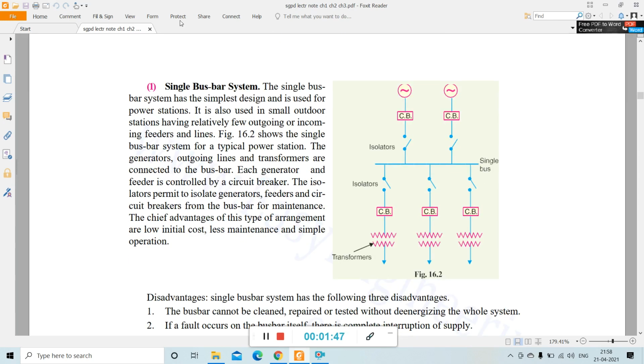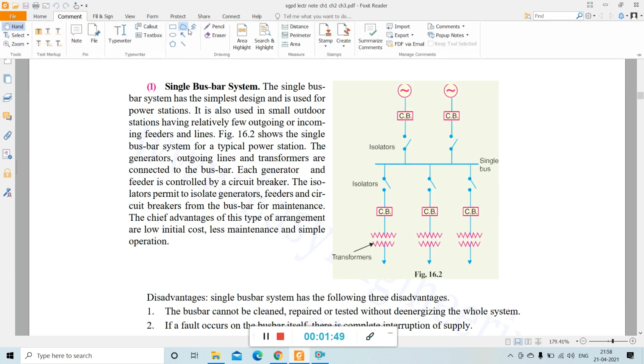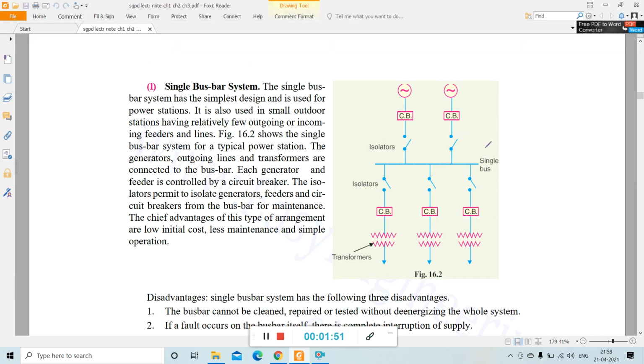Okay, so come to the arrangements. This is the single bus bar system arrangement. In single bus bar system arrangement, there is one single bus, maintained at a constant voltage. Here two generators and three feeders are connected to this bus bar.